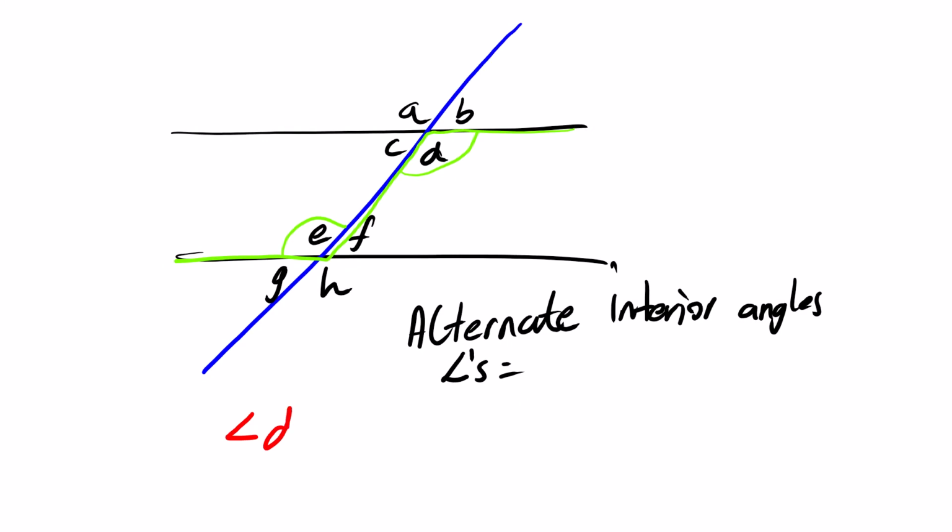So angle D is equal to angle E. We also have this Z. This angle and this one are equal. So angle C is equal to angle F. I hope you can see this.